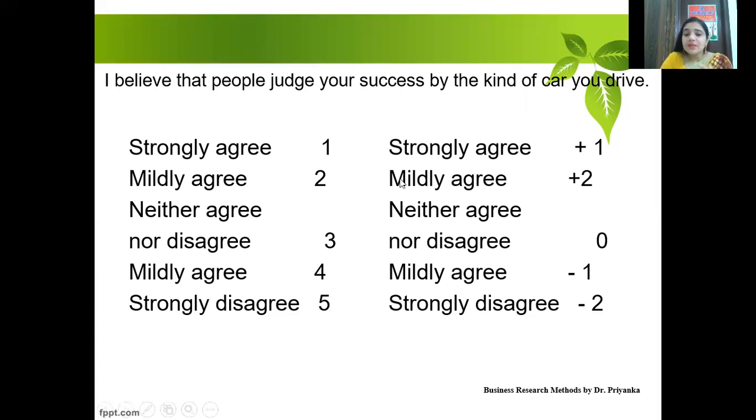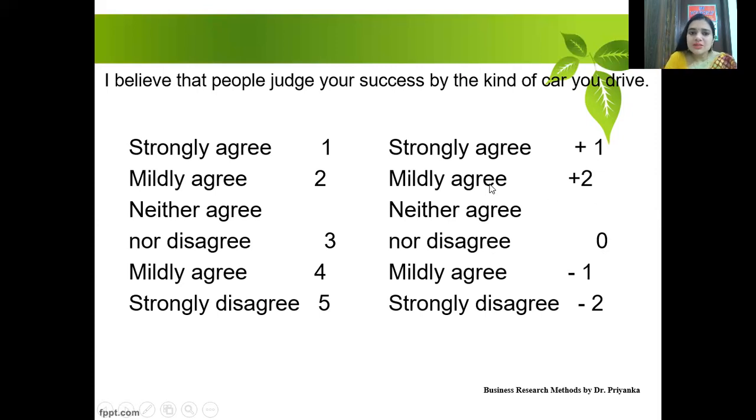So either you can go with 5, 4, 3, 2, 1, 5 for strongly agree and 1 for strongly disagree, or you can go this way. Sorry, it was +2 for strongly agree, +1 for mildly agree, 0 for neither agree nor disagree, that means neutral, -1 for mildly disagree, and -2 for strongly disagree. That can also be done.